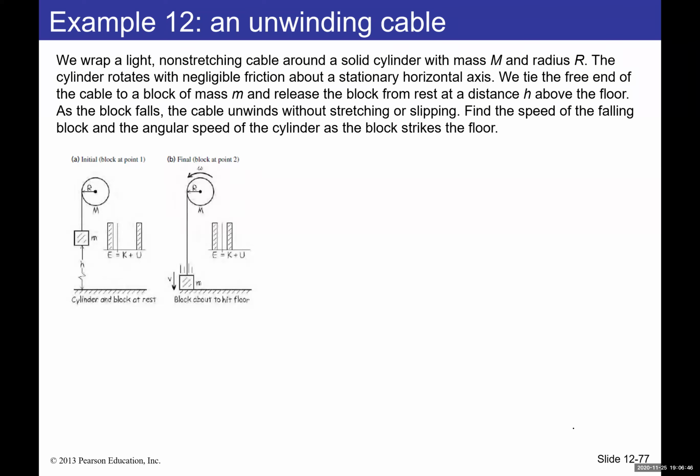We tie the free end of the cable to a block of mass M and release the block from rest at a distance h above the floor. As the block falls, the cable unwinds without stretching or slipping. What we want to do is find the speed of the falling block and the angular speed of the cylinder as the block strikes the floor. So we need to find the linear speed of the falling object and the angular speed of the rotating cylinder.